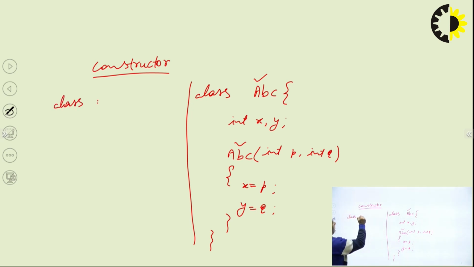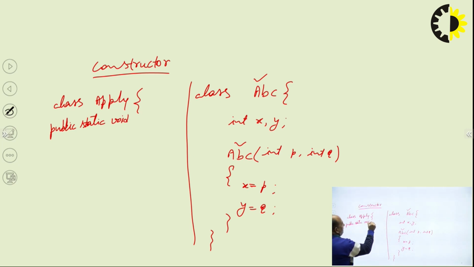Let's say I am creating a class Apply that contains public static void main function. As you all may be aware, in the main function we pass String args.